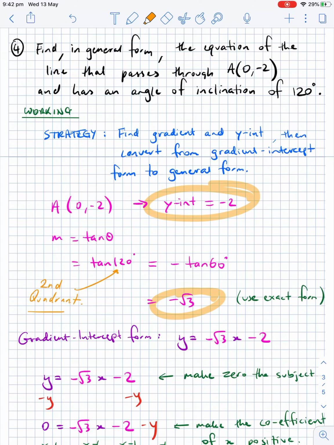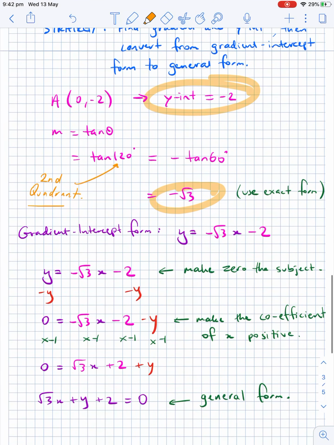That is where tan is negative, and the related angle with the x-axis is going to be only 60 degrees. Tan of 60 is equal to √3, and the negative comes down. So our gradient is going to be equal to -√3. We want to be using exact form as much as possible. We don't want the decimal version for this.